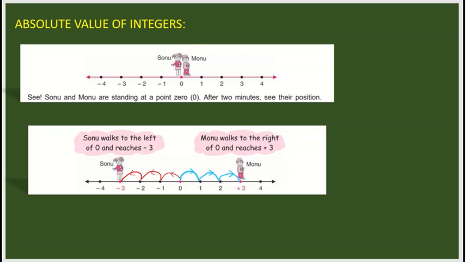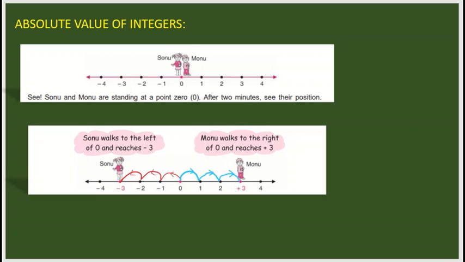So absolute value is nothing but the numerical value without taking the sign into account. Though Sonu is at minus 3, how many units did Sonu move away from 0? We say 3 units. It is represented by minus 3. But when you count the distance that Sonu moved away from 0, it is 3 units.